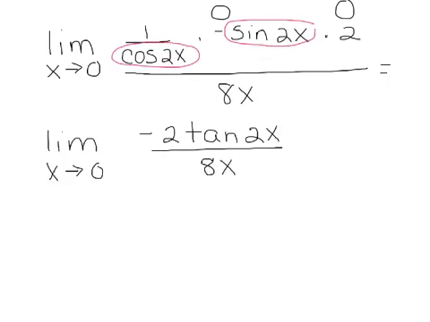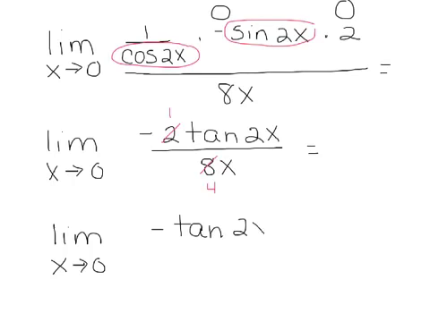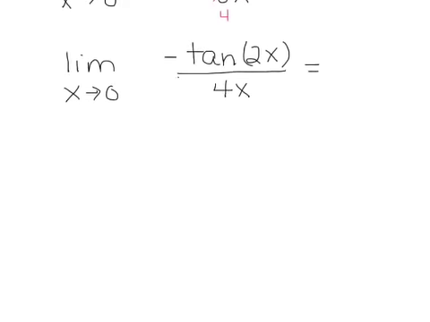And of course we can do a little simplification here and reduce the 2 and the 8 down to 1 and 4. So I guess we better rewrite that one more time and see what we have. So the limit as x approaches 0 of negative tangent 2x over 4x. And don't be tempted to reduce that 2x and 4x, because the 2x, remember, is inside the tangent function, whereas the 4x is outside and all alone.